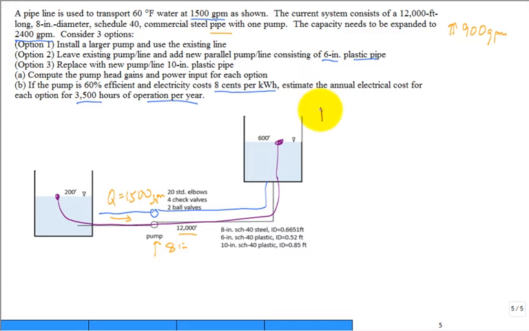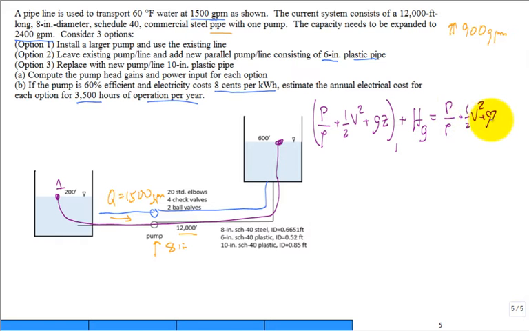So it's pressure divided by rho plus 1/2 V squared plus GZ, all of that at the initial state 1, plus any head gains, equal to P over rho plus 1/2 V squared plus GZ at state 2, plus any head losses. Did I write it correctly?